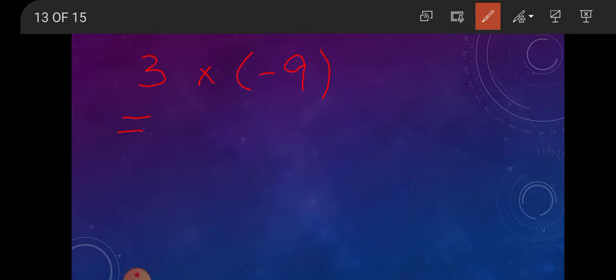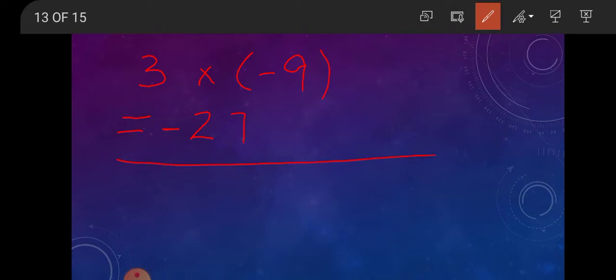The multiplication is done in the same way as usual: 3 times 9 gives us 27. But what about the sign? As per the multiplication box, a positive multiplied with a negative gives a negative sign. So we write -27. So 3 multiplied by -9 gives us -27.